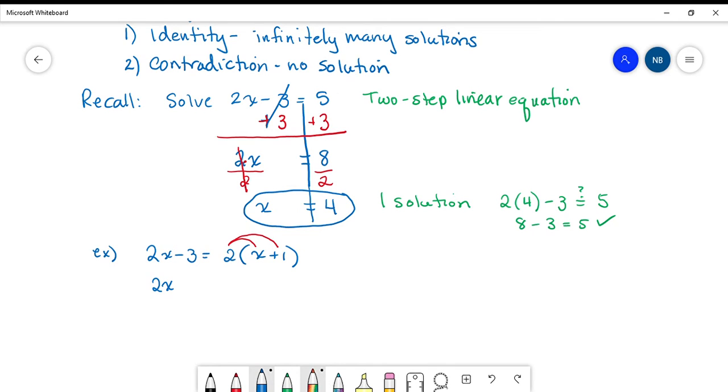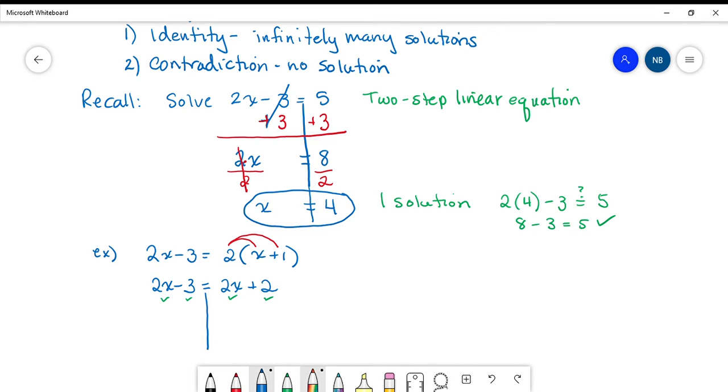The 2x minus 3 side is already simplified. 2 times x is 2x. 2 times positive 1 is positive 2. On the right, the parentheses are gone. Now notice we've gotten down to 2 terms on each side. And for linear equations of one variable, this pretty much indicates that you're ready to start solving.